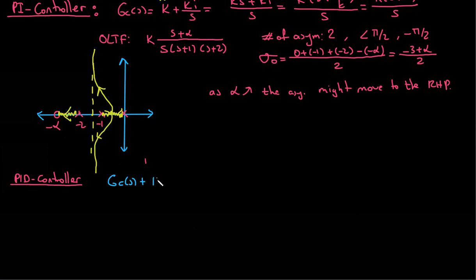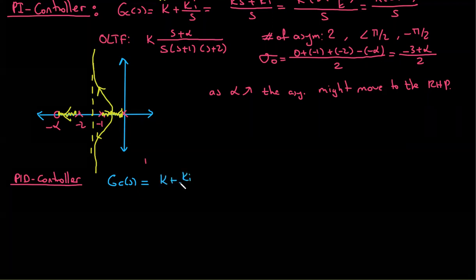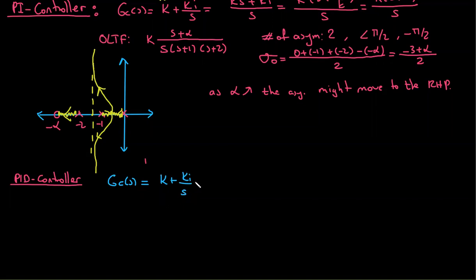I have a proportional term, then I have an integral term, and I do have a derivative term here. So all of them, and I can write that transfer function as follows.